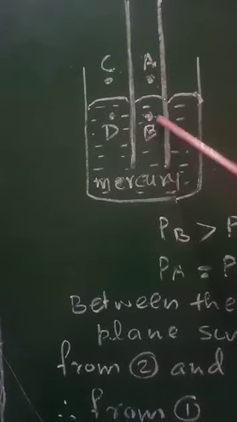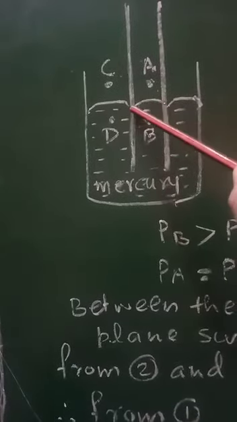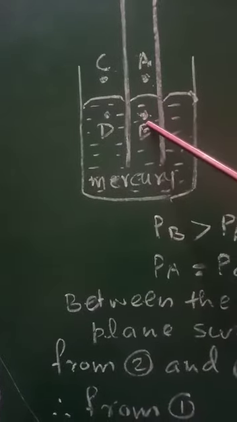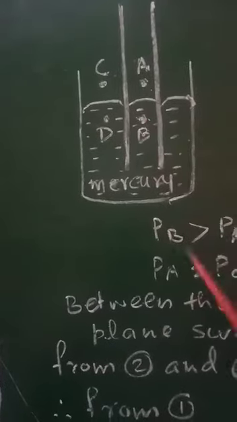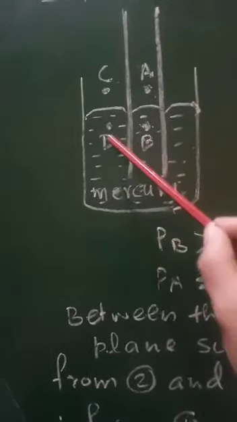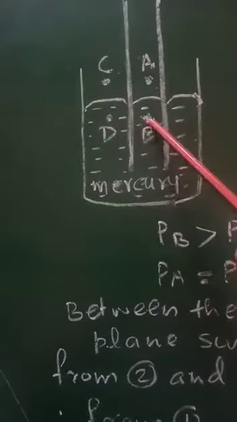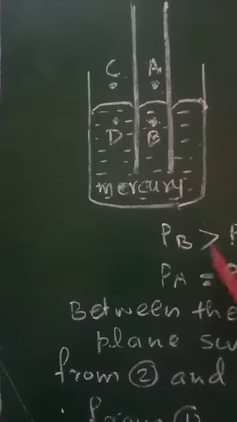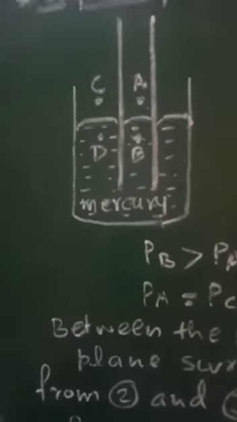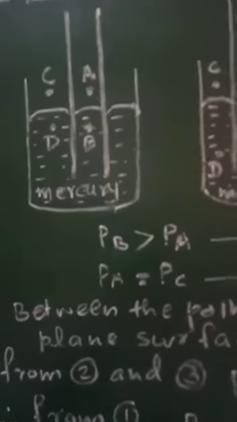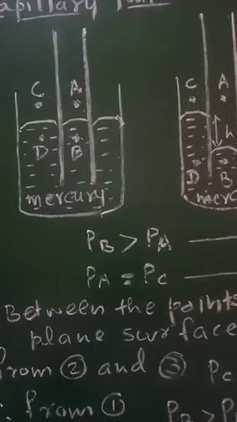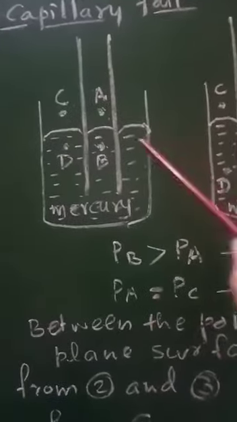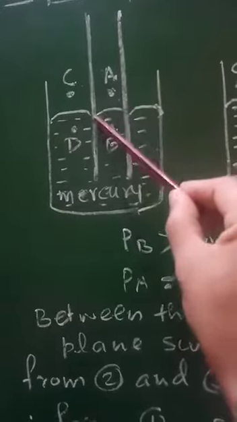Point B is inside the liquid and it is below the convex surface and it is inside the capillary. Similarly, let us consider point D, which is at the same level as that of point B, but it is outside the capillary, and now here mercury is filled in that vessel, and therefore here there is convex surface.